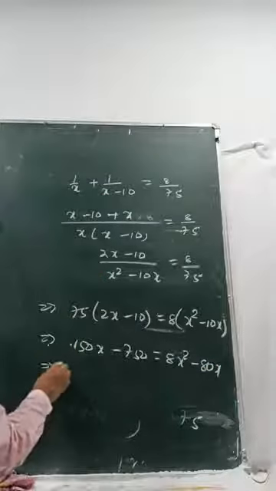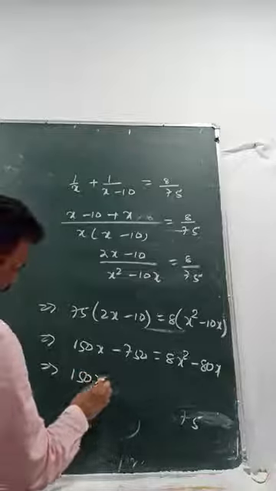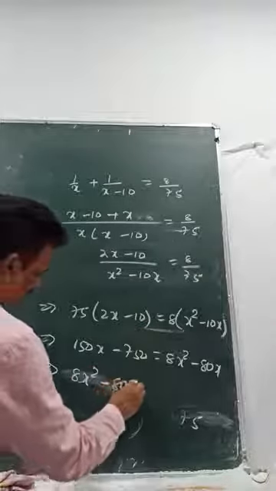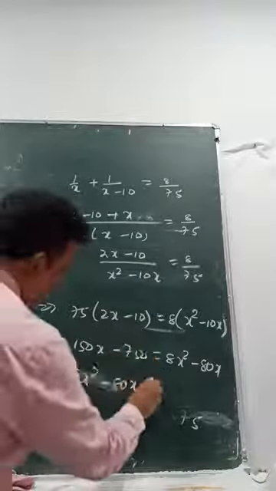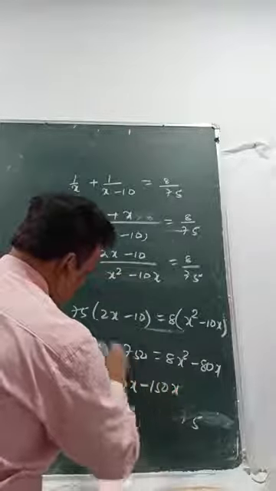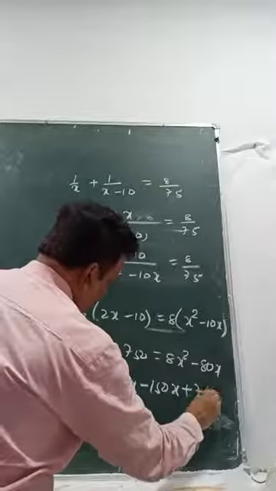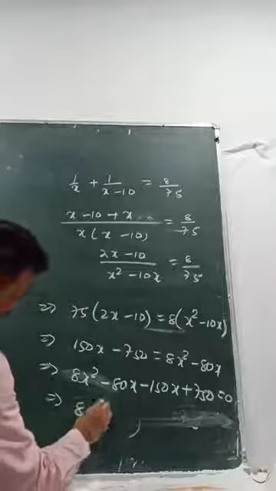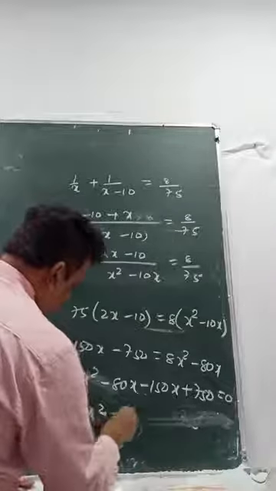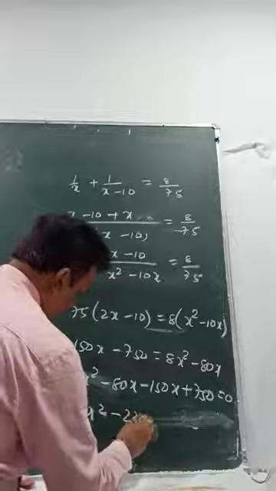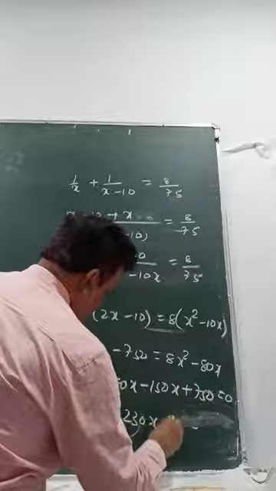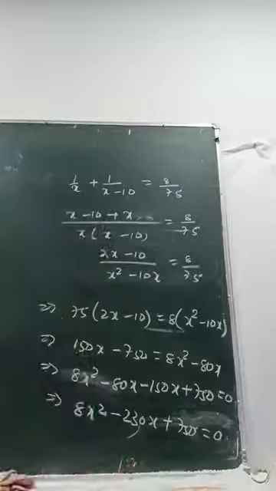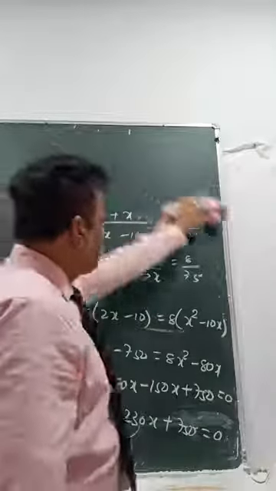Okay. 150x will go that side. 80x square minus 80x will be minus that side. 150x will go that side, plus 750 equals 0. So this implies 80x square minus 230x plus 750 equals 0. So mistake we got, no problem. We can solve it.